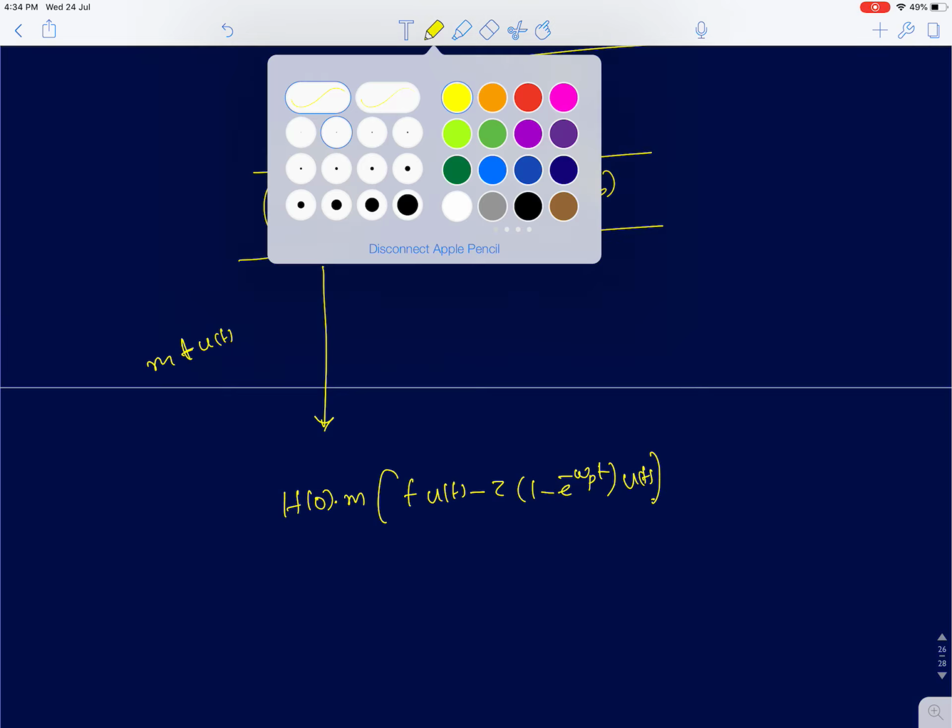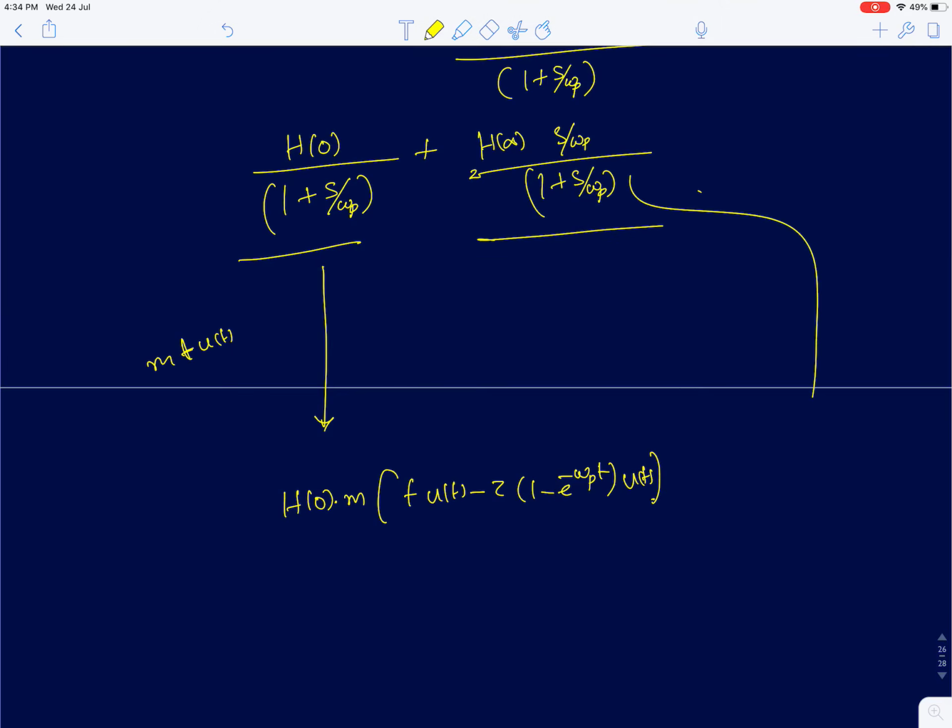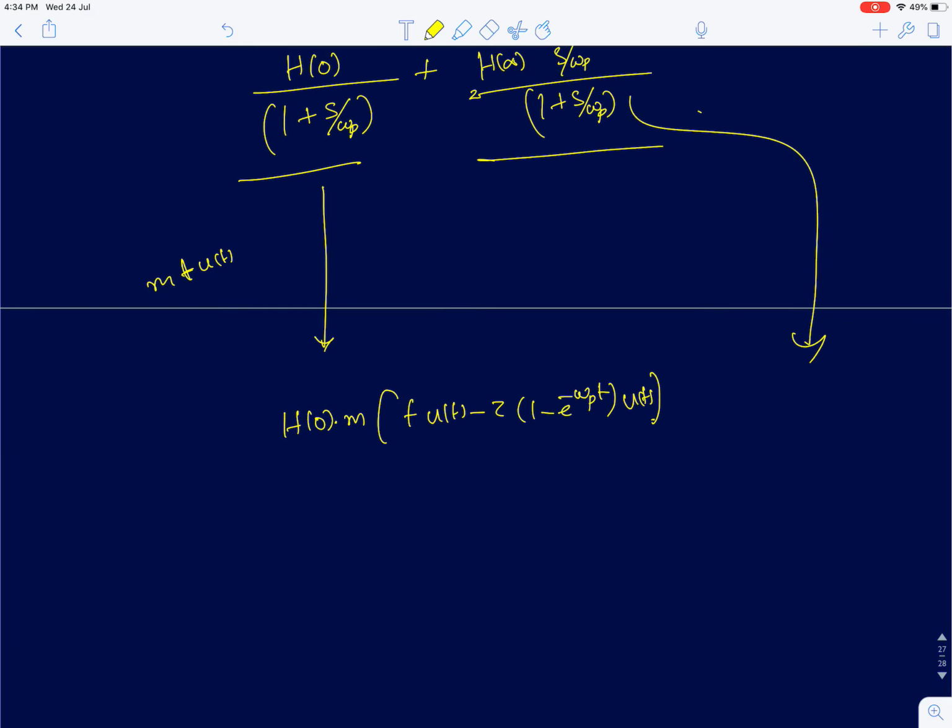Now the response to this part of the input, which is your high pass input, would be h infinity into m into tau into 1 minus e power minus omega pt into u of t.